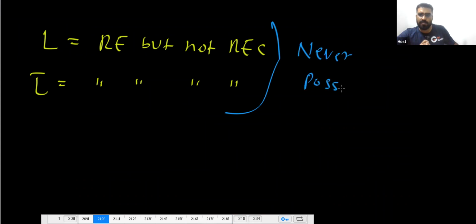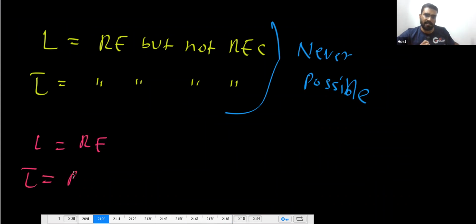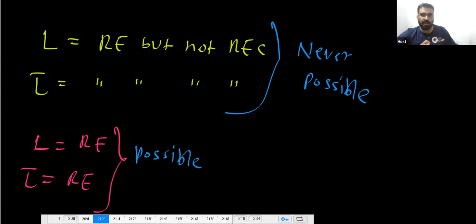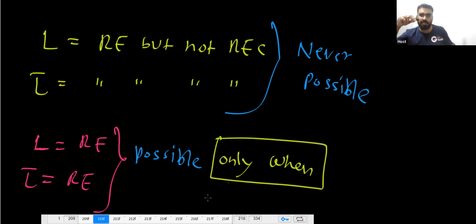And when is it possible that this is RE and this is RE? This is possible only when L and L complement are REC.